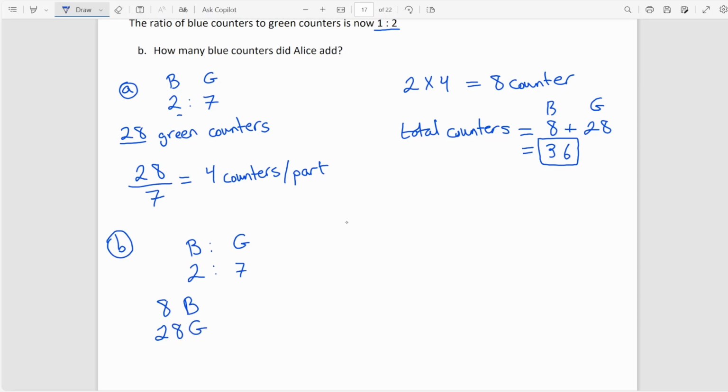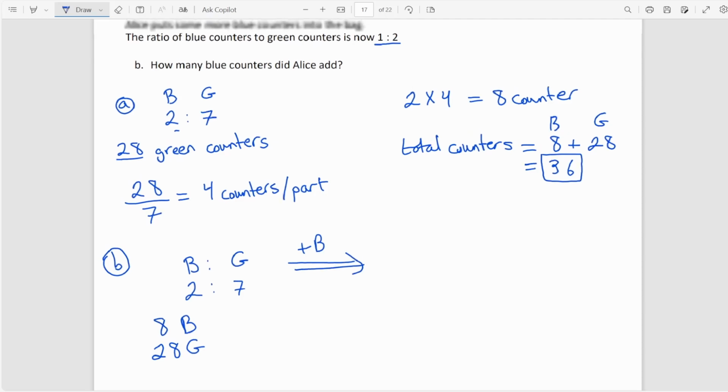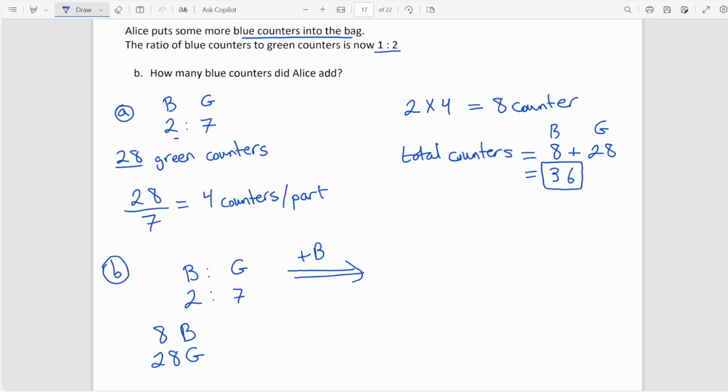Now I know that Alice added blue counters, and the new ratio is 1 to 2. So now the blue and the green are represented by the ratio 1 to 2. And now I'm being asked how many blue counters did Alice add?